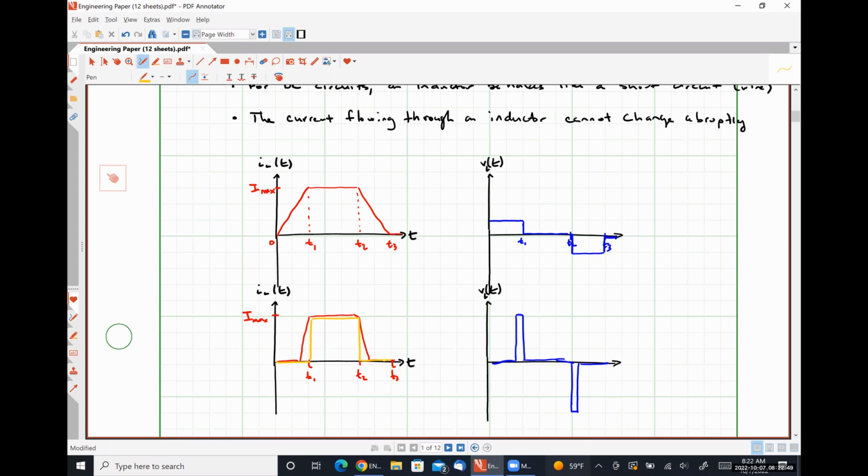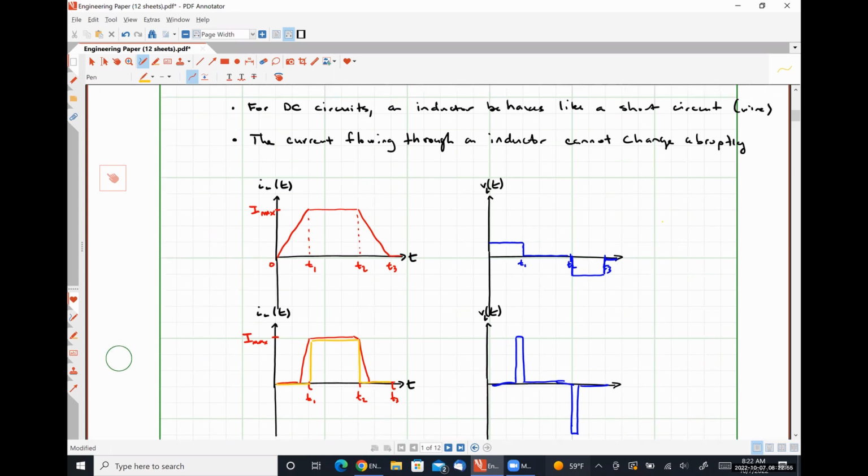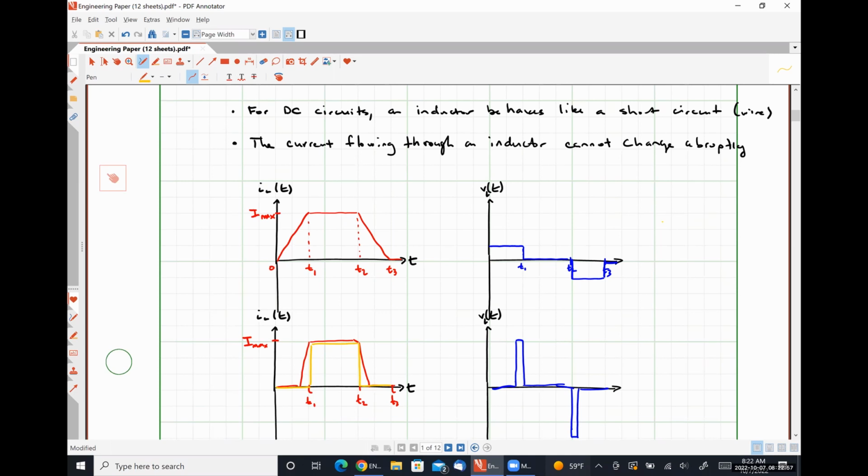And we cannot transfer an infinite amount of energy in an infinitesimal amount of time. So that is why the current flowing through an inductor cannot change abruptly.